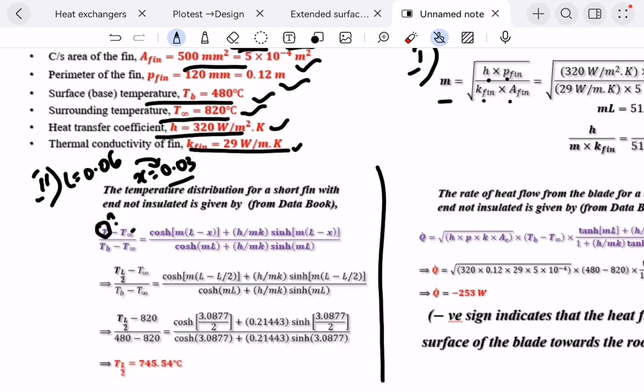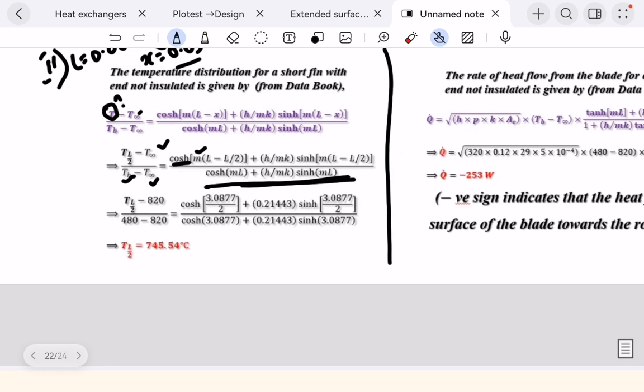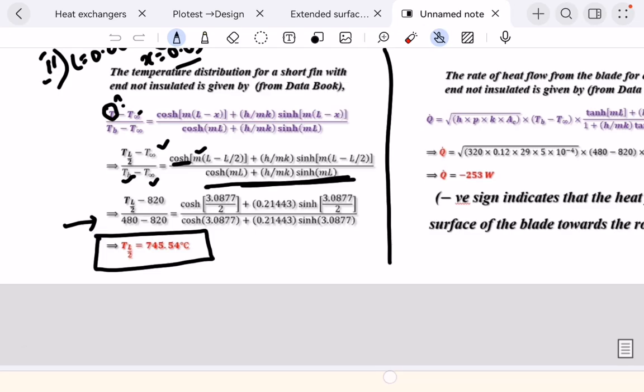This is the surrounding temperature, 820, that's given to me. The base temperature is given to me. The surrounding temperature is known. These are hyperbolic functions. M is known, and all the other factors here are known to me from the given data. If I plug in everything and solve, I'm going to get a temperature of about 745.54 degrees centigrade. That's the temperature in the middle of the fin.